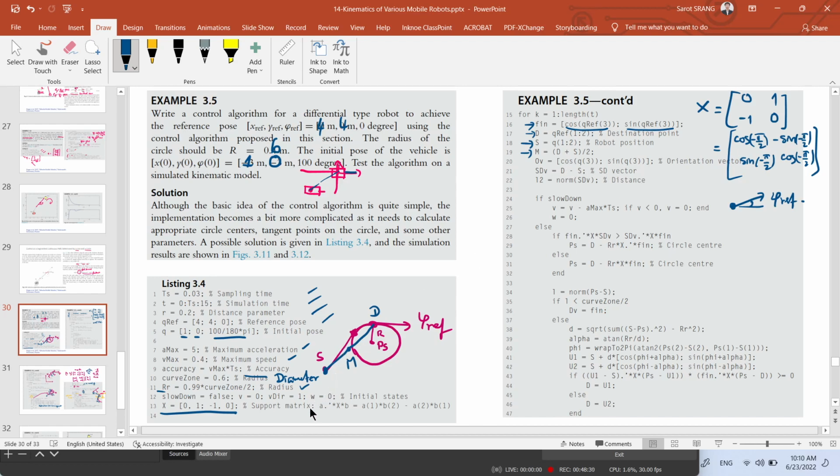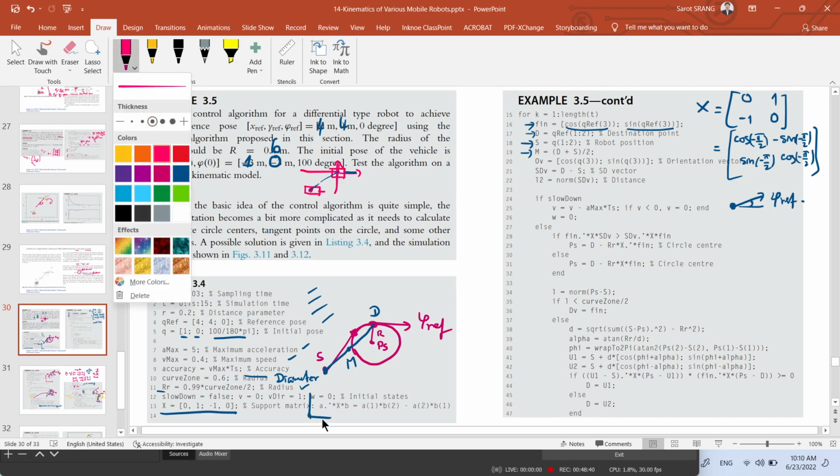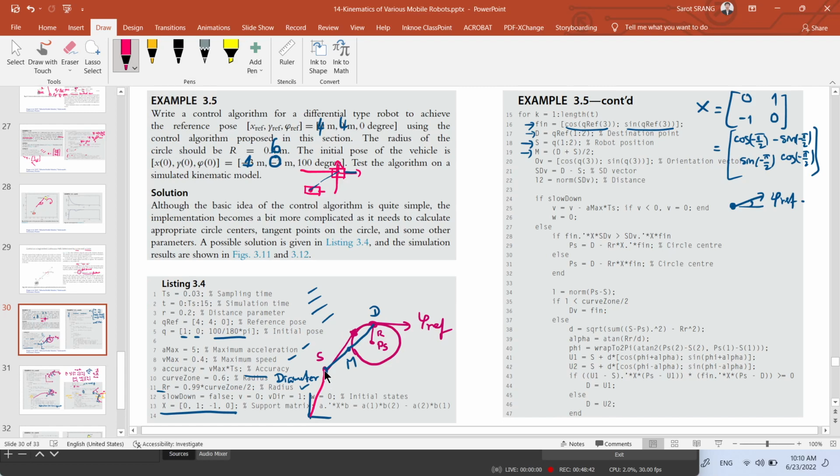So if I have origin 0, 0 here, from the origin to this point I can construct unit vectors like this. So actually it's phi of t.